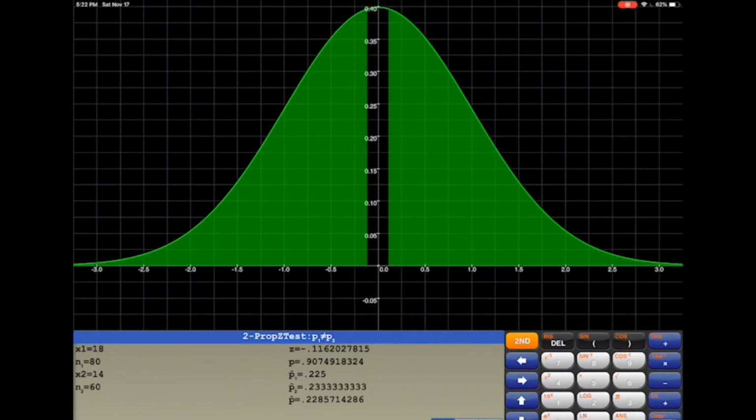With a test statistic of negative 0.12 approximately, the likelihood of getting another value at least as extreme is 0.91 about, which is very close to 1. So you're almost certain to get another value at least as extreme. So that's why we fail to reject the null hypothesis.